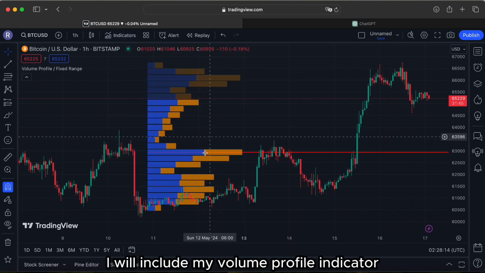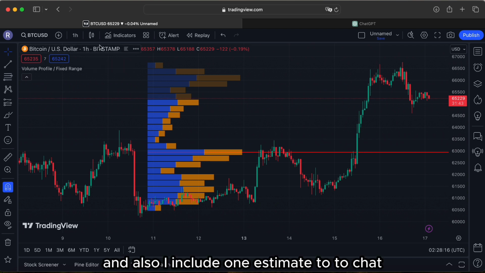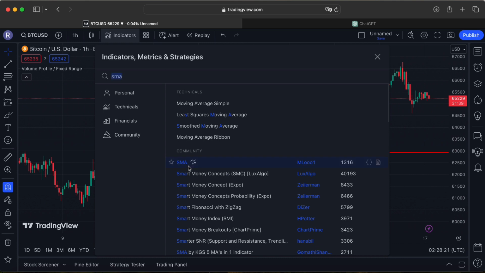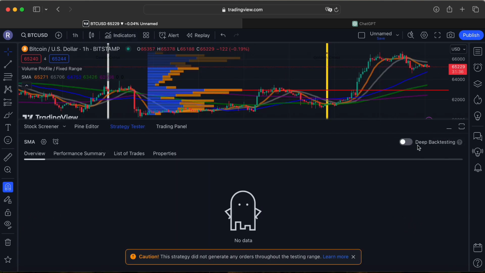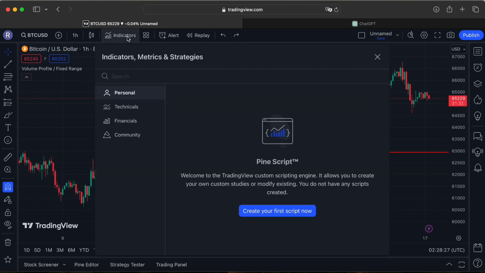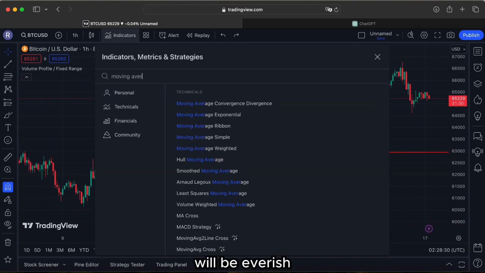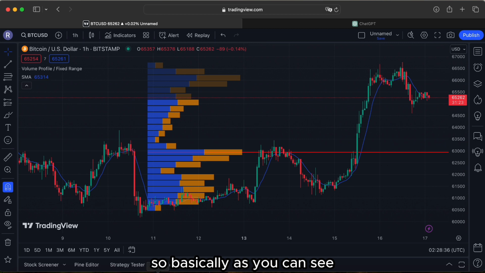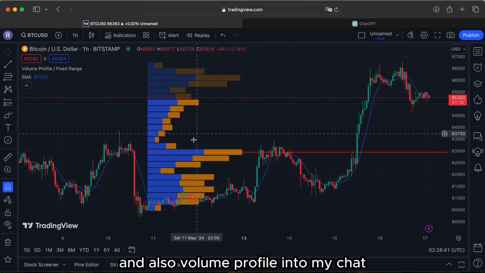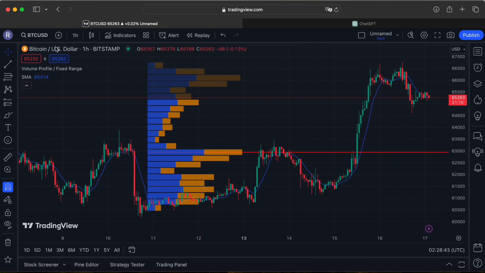After that, I will include my volume profile indicator, and also I include one SMA, a moving average, to check. So basically, as you can see, I already implement SMA and also volume profile into my chart for BTC USD.